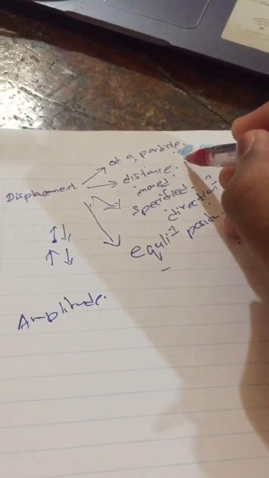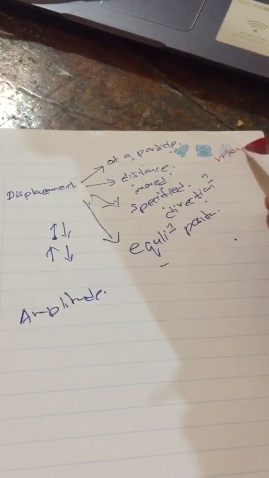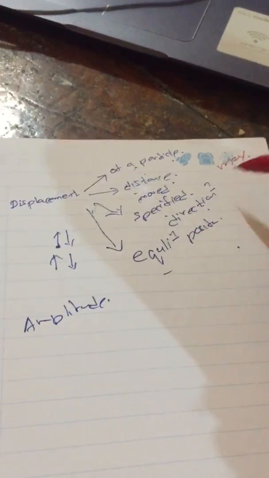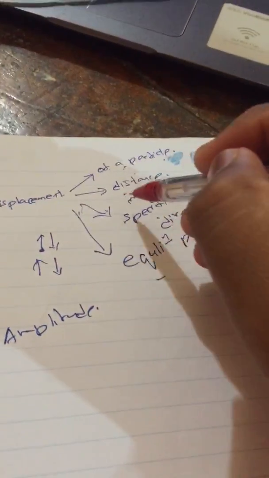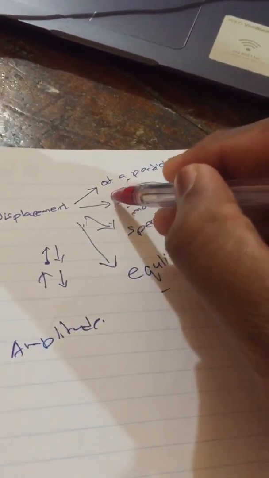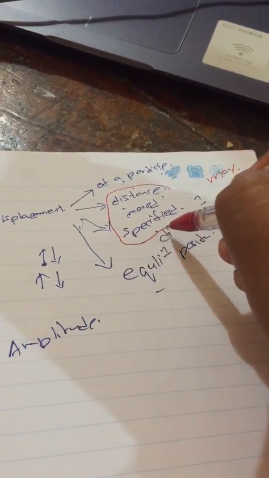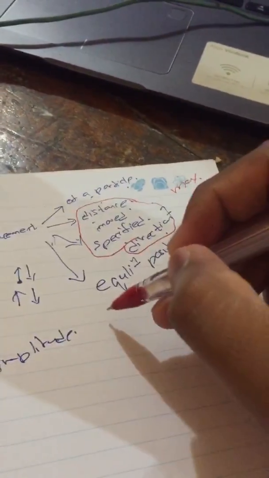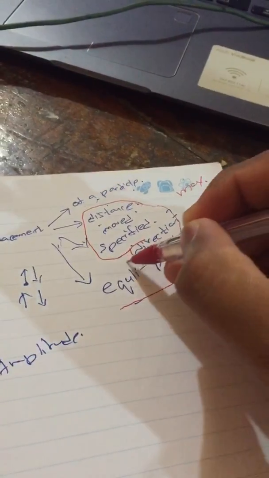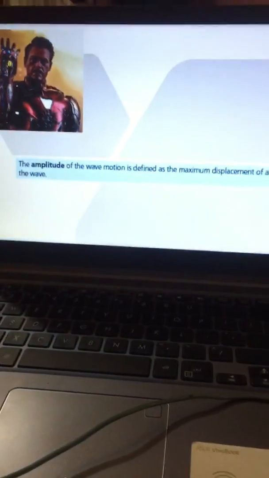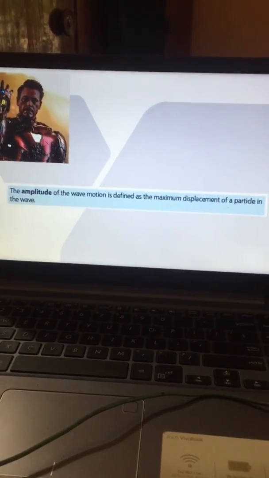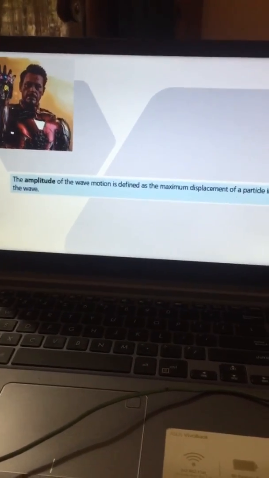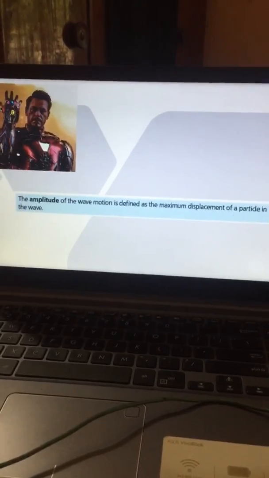When you're defining amplitude, some things are left out. For example, we are not talking about distance, we are not talking about specified direction, and we are not talking about the equilibrium position. We simply say amplitude of a wave is defined as the maximum displacement of a particle in the wave.